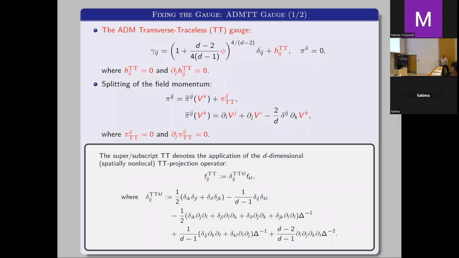And you can express this longitudinal part in terms of one vectorial quantity only, so it has three functional degrees of freedom. The TT projection can be achieved by means of this terribly looking non-local in space integral differential operator given by this formula.